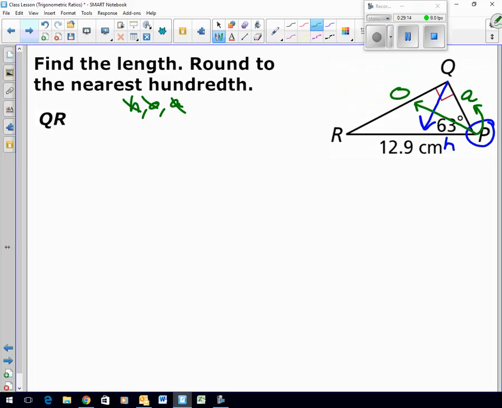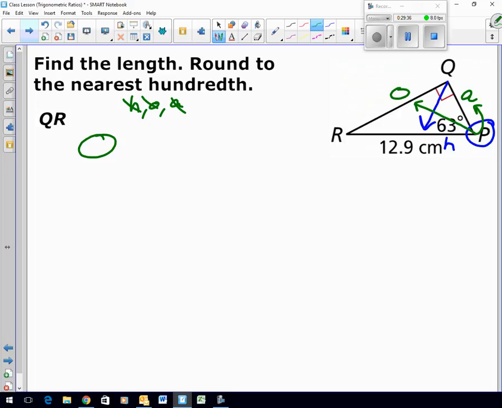Alright. Then you ask yourself, what ratio do I use? Well, let me ask you this. What side are you looking for? Hypotenuse, opposite, or adjacent? You're looking for the opposite side, correct? What side do you have right now?